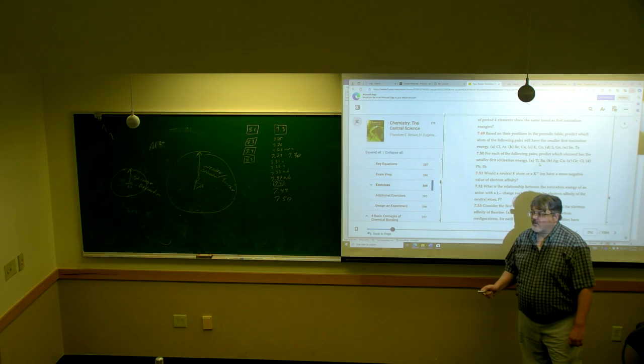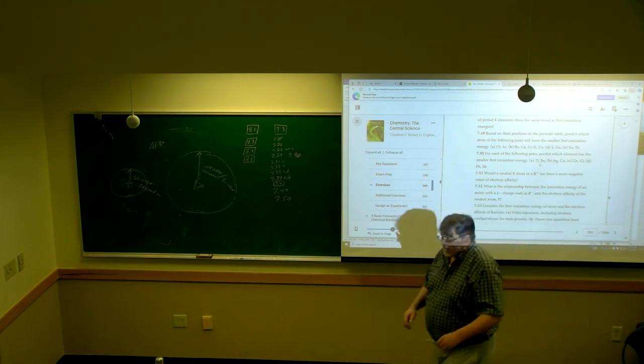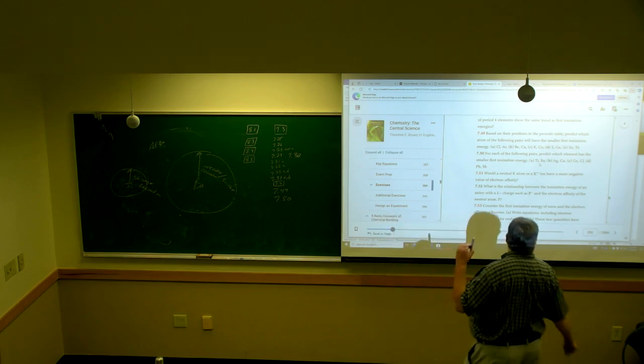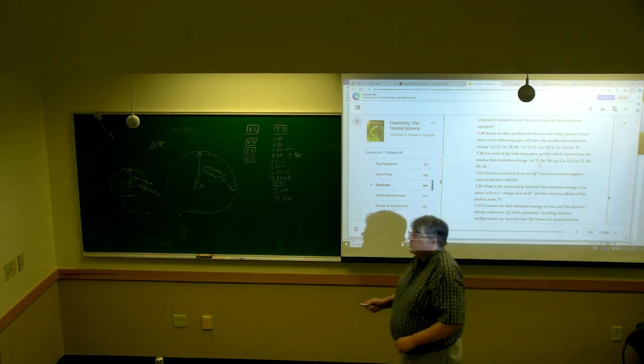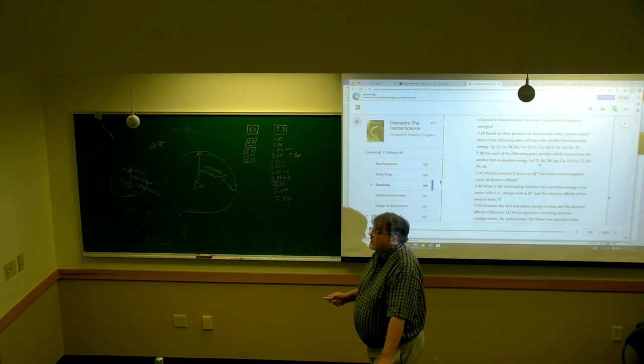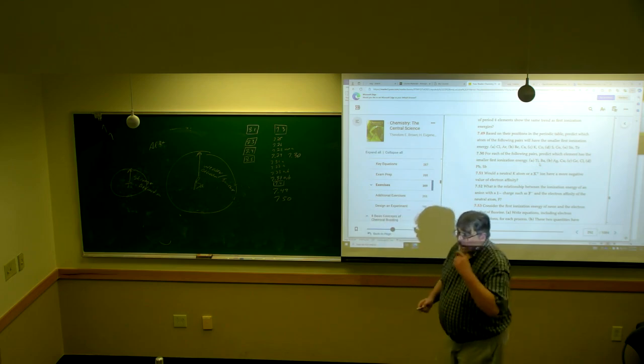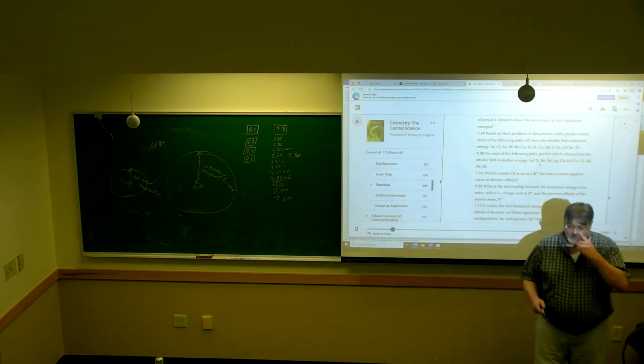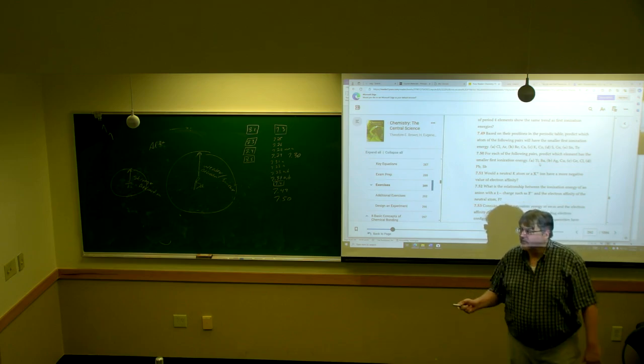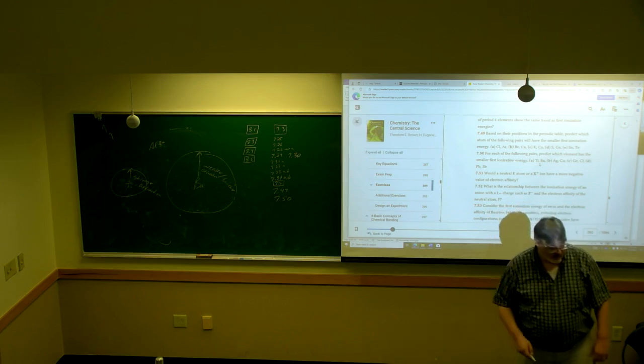Silver's bigger, therefore it's easier to remove that outer electron because of the distance from the nucleus. Ge and Cl. Ge is bigger than Cl. Same idea. Makes sense. So it's harder to remove an electron from chlorine than it is from germanium.